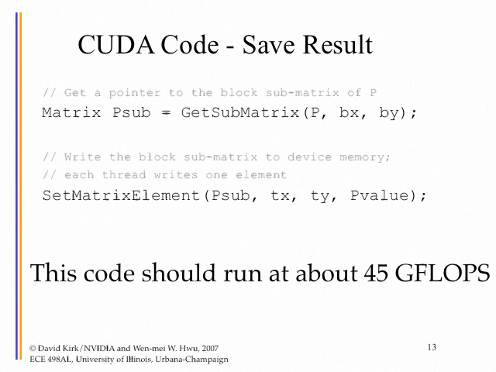And this code should run about 45 gigaflops. There are 2 reasons why this code runs 3 times faster. The first one is obvious. You just cut down the memory bandwidth requirement by the block size factor. And the second one is you just created a lot more blocks, rather than just having one block. So you're making much fuller utilization of all your execution resources and SMs. Now you're using all the 16 SMs rather than 1.